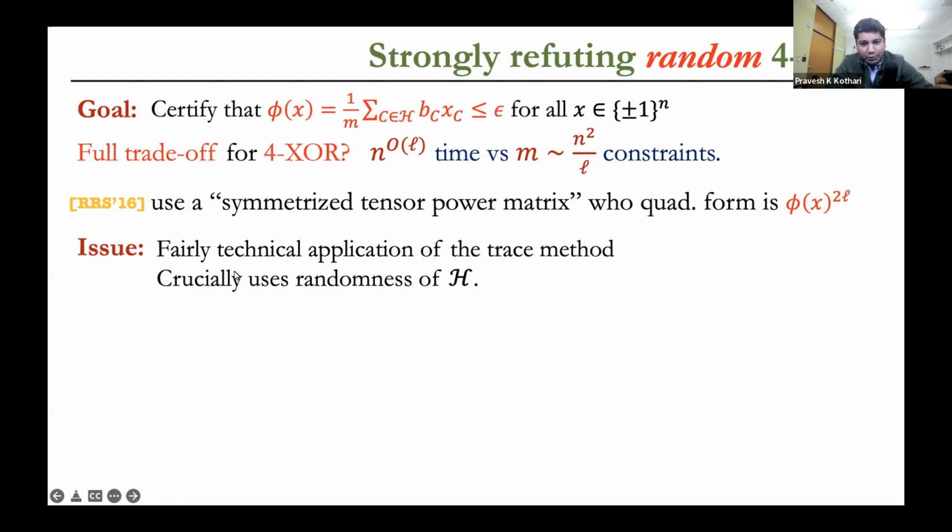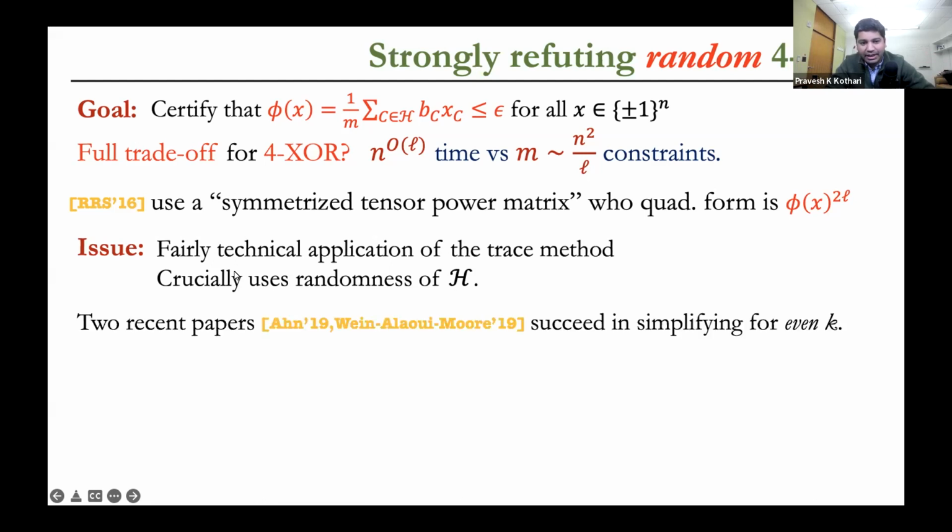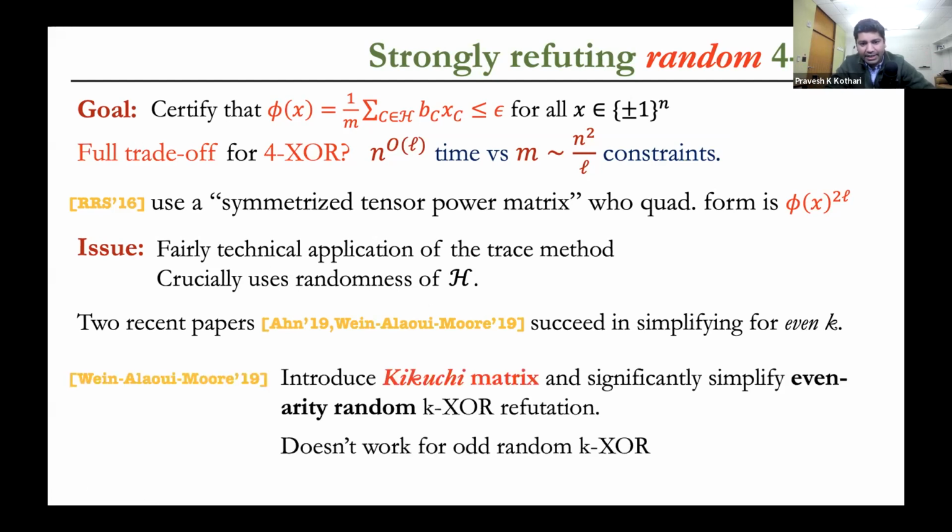And so people realized this, and there were multiple attempts to simplify their proof. In particular, the idea of Wein, Alaoui, and Moore is particularly influential, and I want to talk about that right now. What these two papers managed to do is find a simpler proof for random 4 XOR refutation. Somehow, their approach really restricts to even.